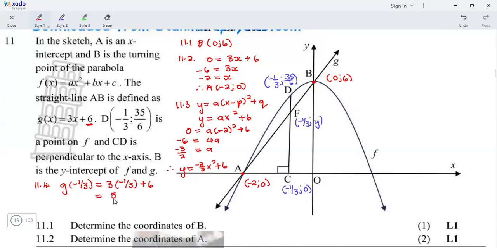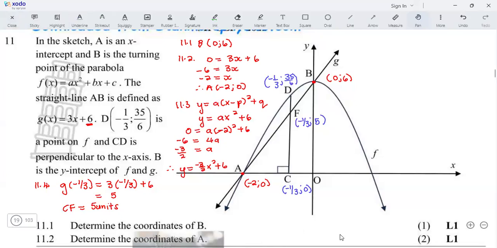Now that we have the y value for F as 5, this is a vertical line. To find the distance, you can just say the big y value minus the small y value. So CF will be 5 - 0, which is 5 units. All right, so it's just 5 units.